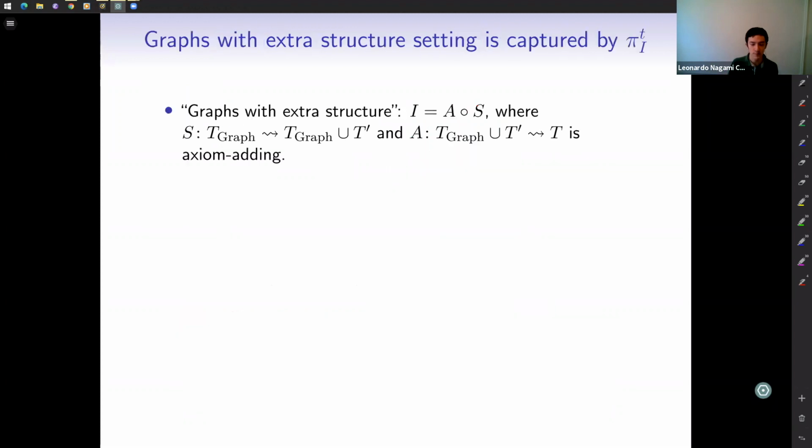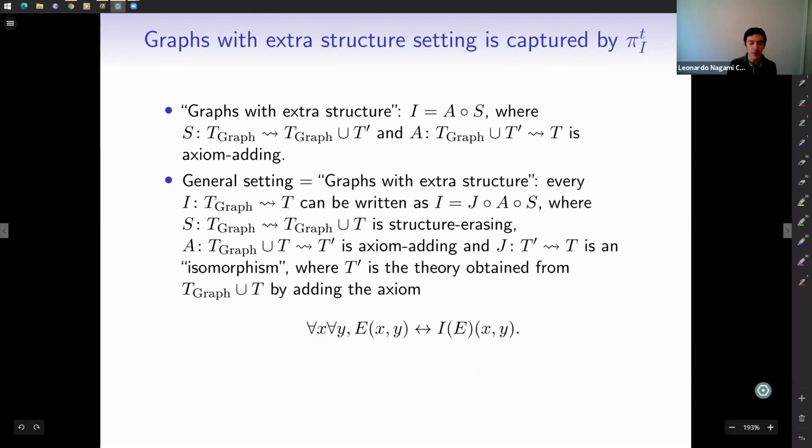Now, you might also think that this is a much more general setting than graphs with extra structure, because graphs with extra structure only appear if my open interpretation is of this form. But actually, when I have a general open interpretation, it is essentially of this form.